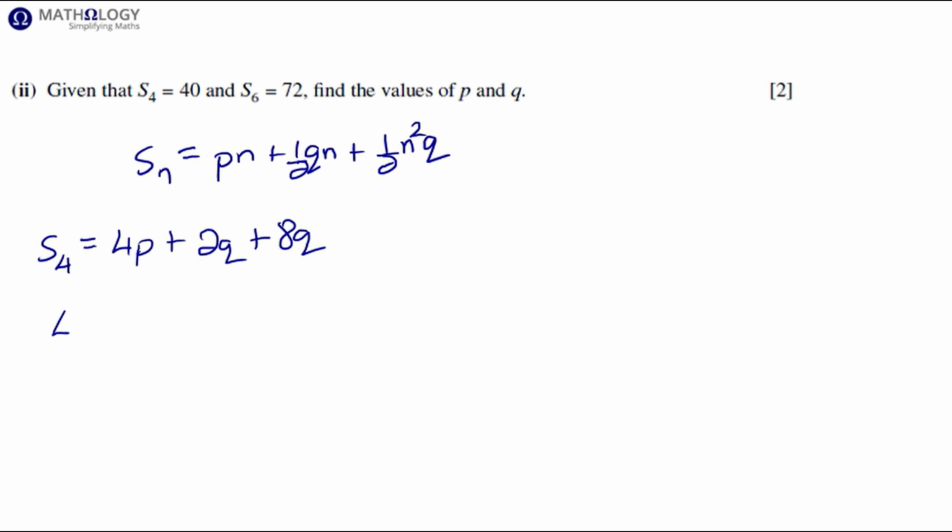Sum to 4 terms is 40, so 40 equals 4P plus 10Q, and we can just simplify this a bit by dividing through by 2. So 20 equals 2P plus 5Q.